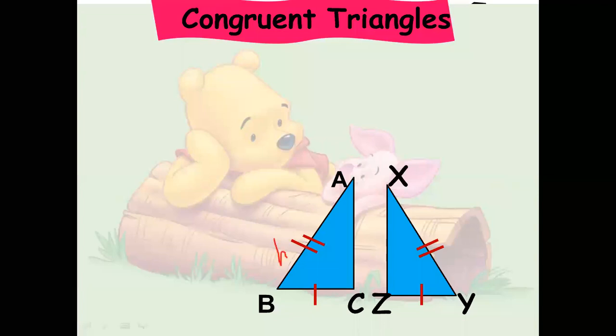Hypotenuse is opposite to the right angle. This hypotenuse equals this hypotenuse.